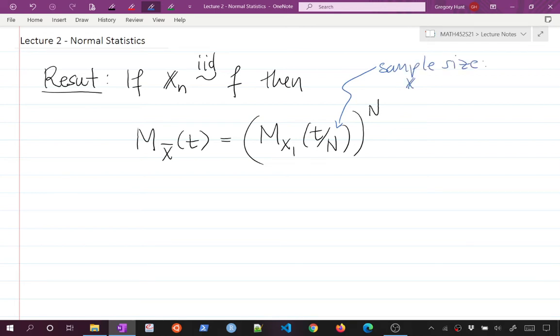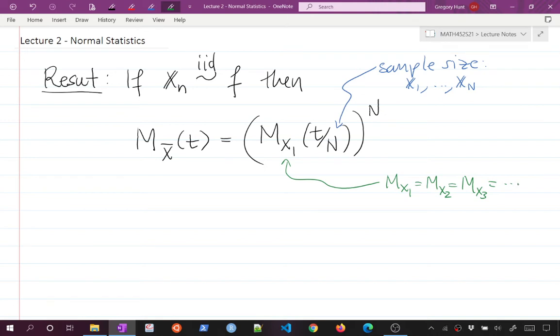I have random variables X1 to Xn, IID from some distribution. This is why I can write X1 here, because M of X1 is the same thing as M of X2 is the same thing as M of X3, etc. They all have the same distribution. They all have the same MGF.